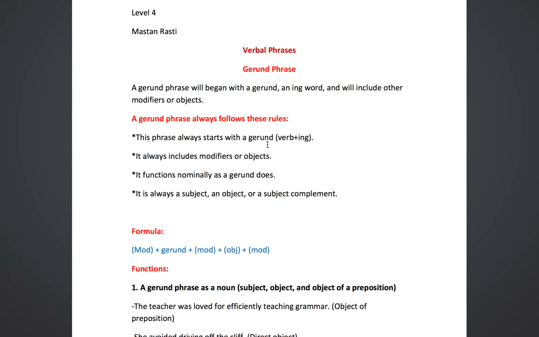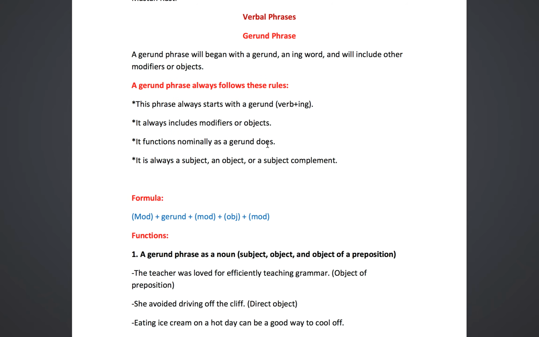But what's a gerund phrase? A gerund phrase will begin with a gerund, an ing word, and will include other modifiers or objects that change the formula. A gerund phrase always follows these rules. First, this phrase always starts with the gerund, verb-ing, in a sentence, but you can add other words like modifiers, but they are optional.